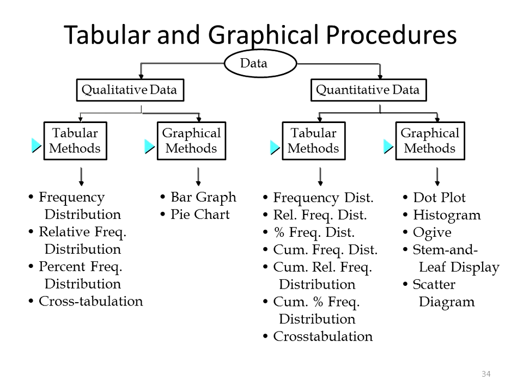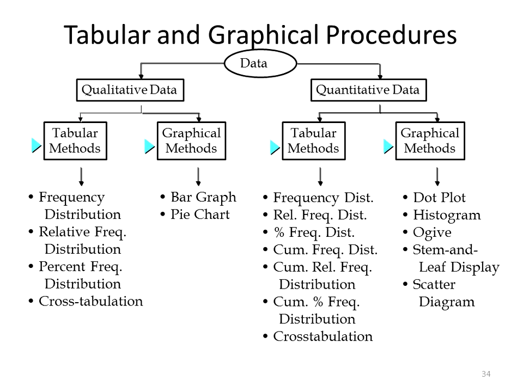Now this is just a summary of the graphical procedures. We have our data. Once again, we have the qualitative and quantitative data. Qualitative data is presented by tabular methods and graphical methods, and quantitative data is also presented by tabular and graphical methods, and each method is shown below. For qualitative data, the tabular methods are the frequency distribution together with its relative frequency and percent frequency, and also the cross tabulation.